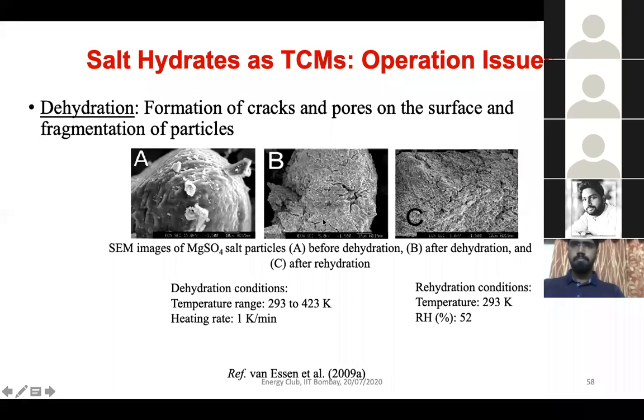After dehydration, you can see many pores creating inside this salt. Even if you rehydrate, these pores don't disappear, or it doesn't come back to the original condition. So there will be an issue of reversibility. That is the problem of the material. So we have to choose the material so that we can get back the original condition after dehydration.